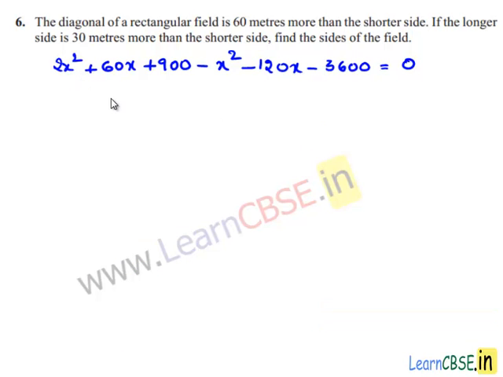So this becomes x square plus 60x minus 120x, which is minus 60x, plus 900 minus 3600, which is minus 2700, is equal to 0.